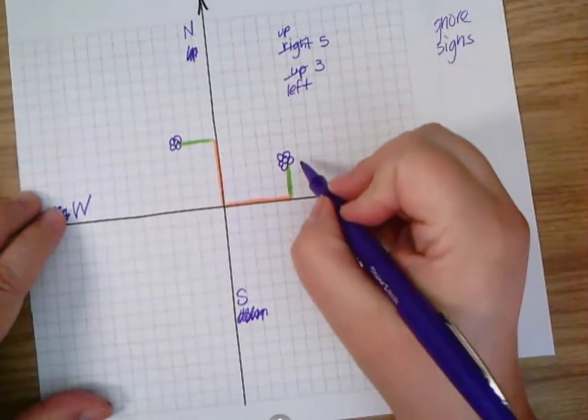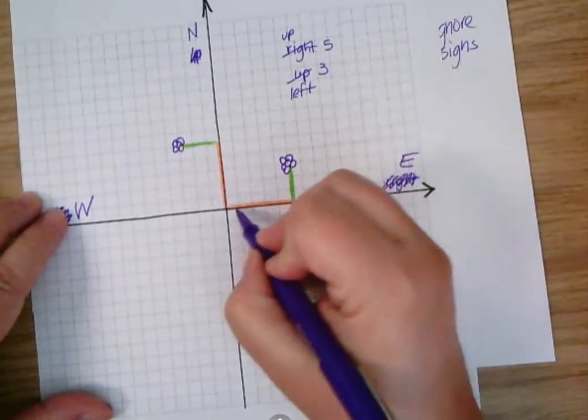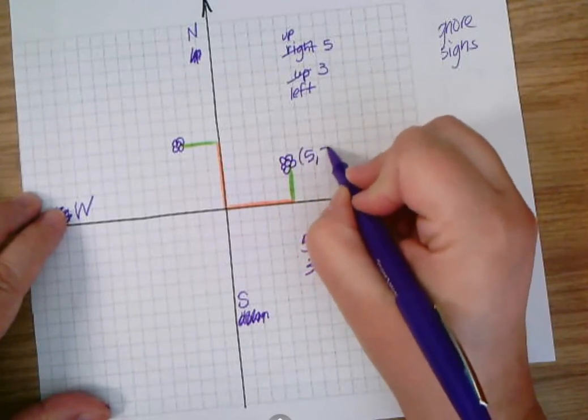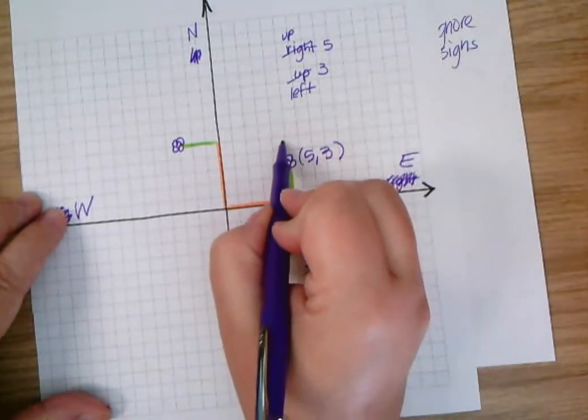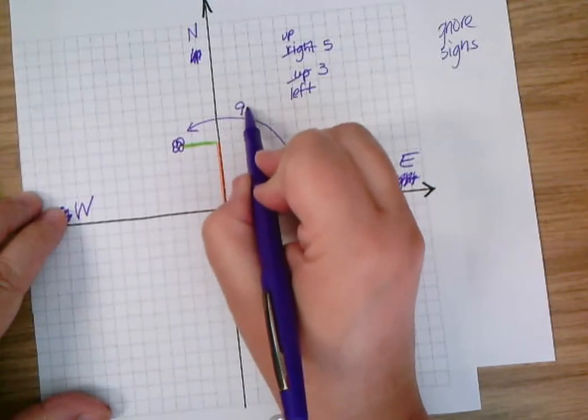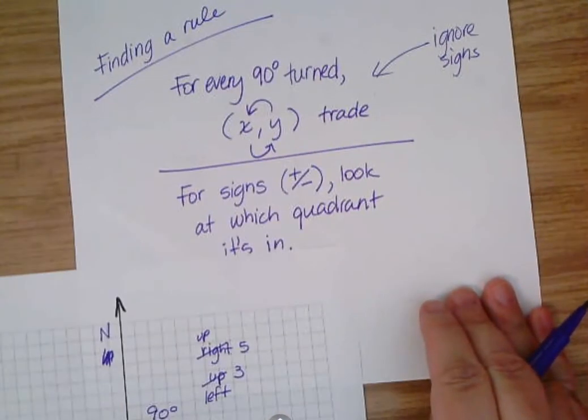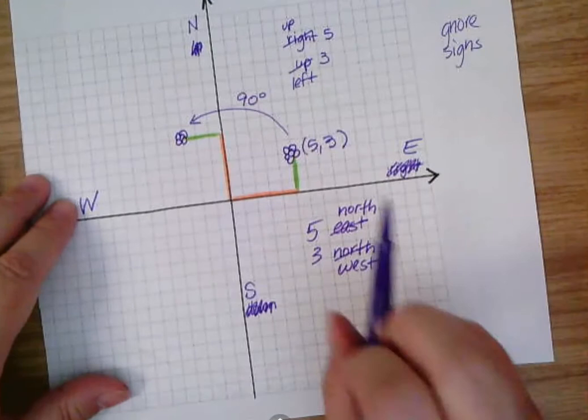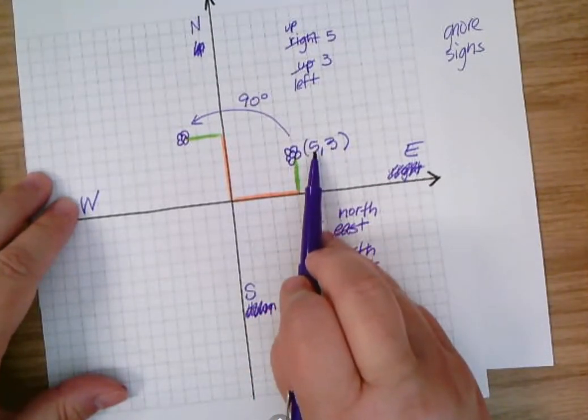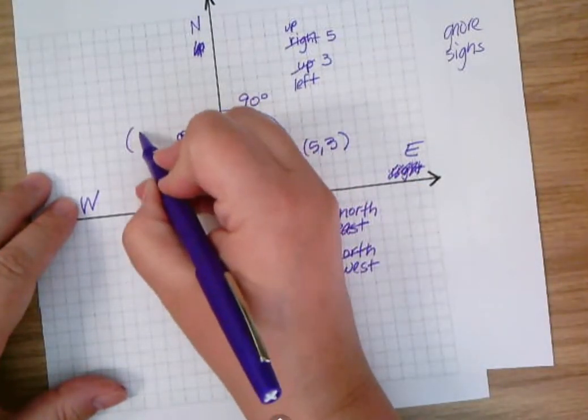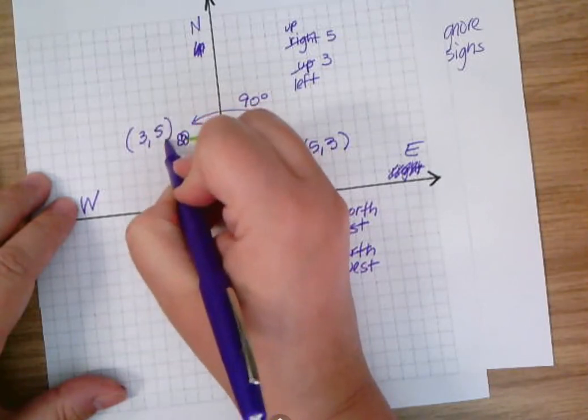Our little flower started out at the point 5,3. If we turn 90 degrees, for every 90 degrees turned, the numbers are going to trade places. So that means instead of the 5 first and then the 3, the 3 is going to be first and then the 5.